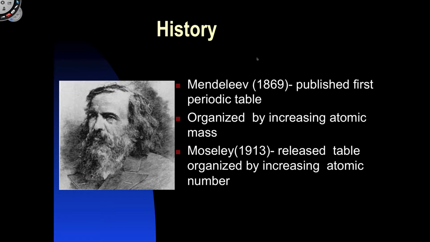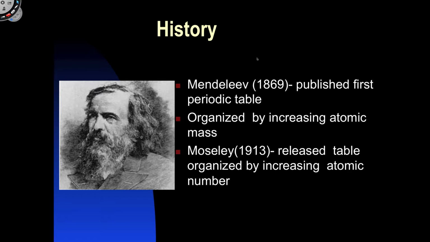The technology wasn't there, the science wasn't there to know the atomic number. So when Moseley attempted to adjust Mendeleev's table, one thing he changed was the arrangement. He arranged them by increasing atomic number, and these tiny problems that existed in Mendeleev's table went away.